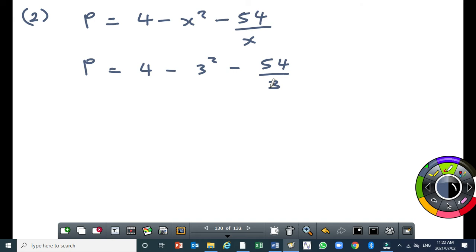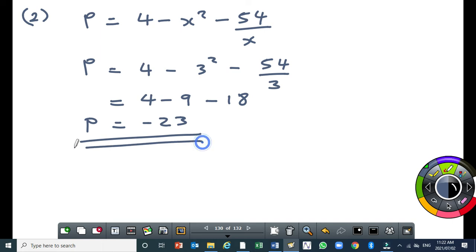So, from here, you get 4 minus 9 minus 18. This gives me negative 27 plus 4, that will give me negative 23. So the maximum value of p is going to be negative 23.